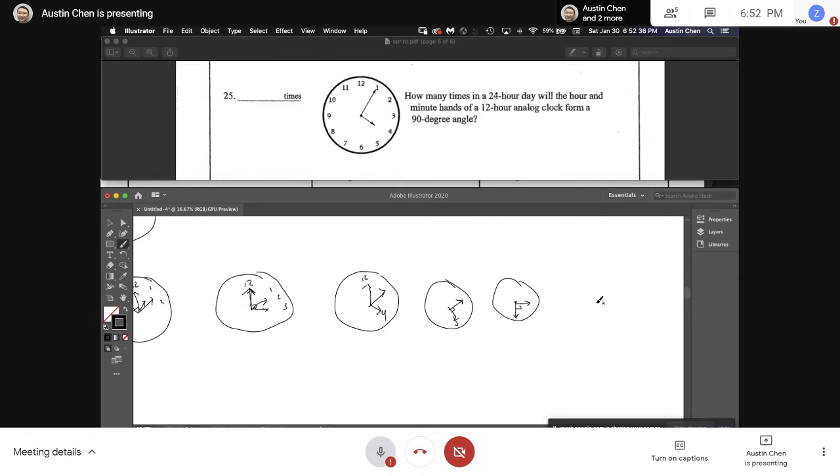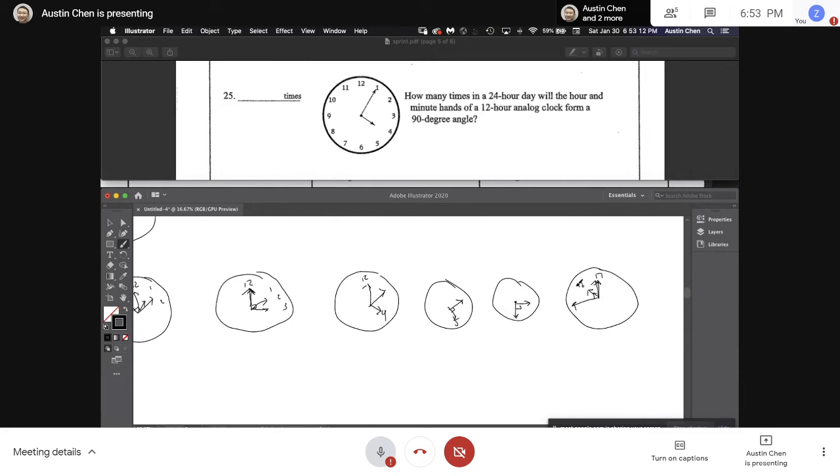It's just going to keep on going, and then we should consider the last few hours to see if there are any problems. So on the 11th hour, let's have it start at 11 and the minute hand is at 12. We want the minute hand to be 90 degrees counterclockwise of the hour hand. And then we can see that this is going to happen somewhere where the hour hand is here and the minute hand is here.